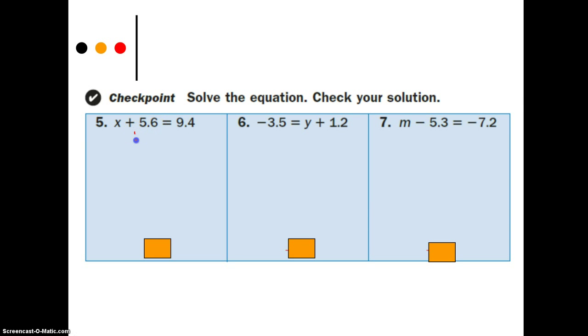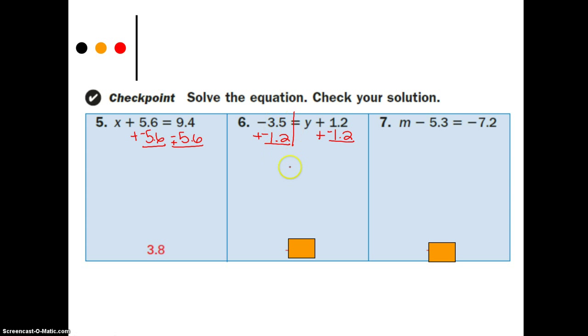For number 5, we add a negative 5 and 6/10. That means we're actually subtracting, and the answer is going to be positive 3 and 8/10. For number 6, here is my variable, so I'm going to add the opposite, negative 1 and 2/10.